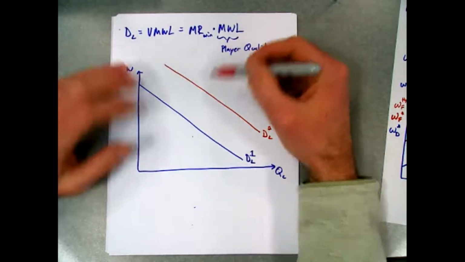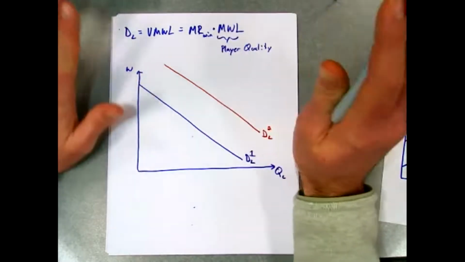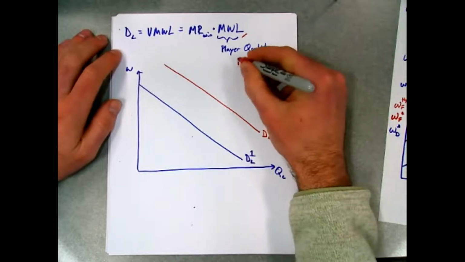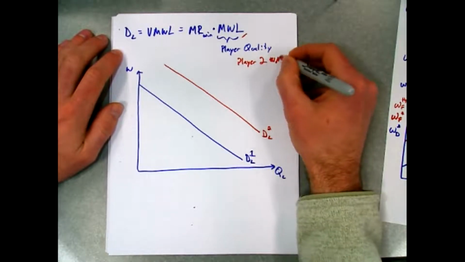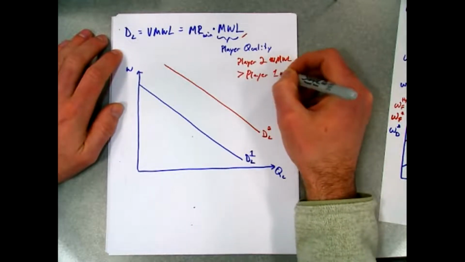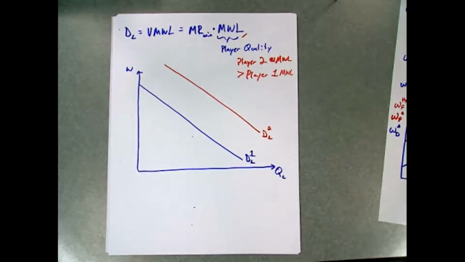So player two, even we're thinking about the same team, two players, so the marginal revenue per win should be the same. But if one player is of higher quality, we'll say player two is greater than player one. All right, we're assuming that player two is of higher quality.